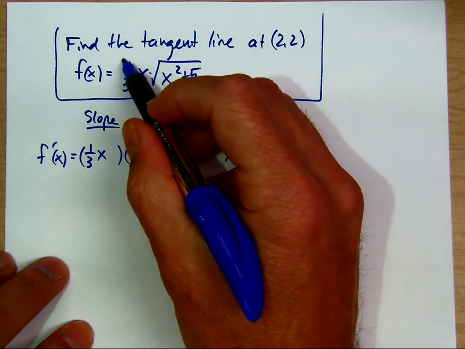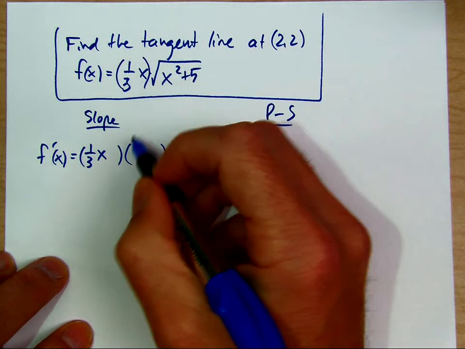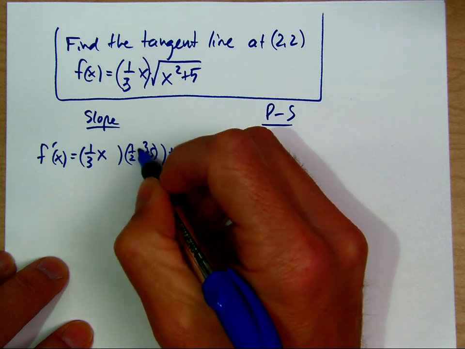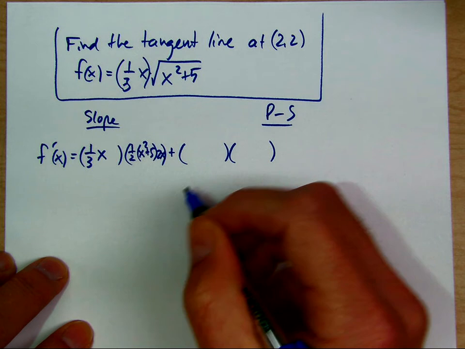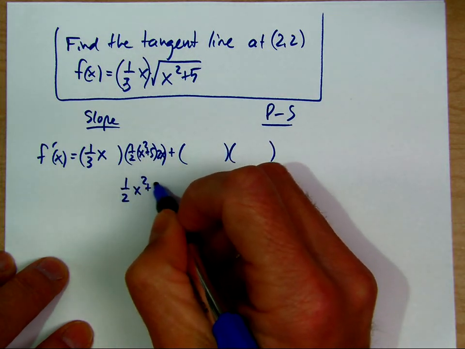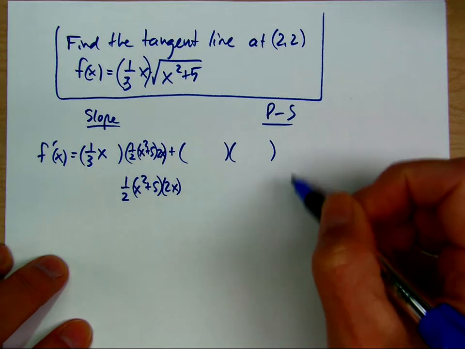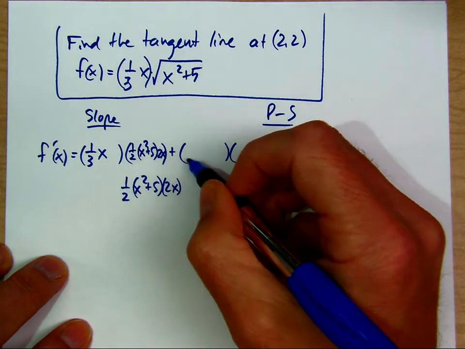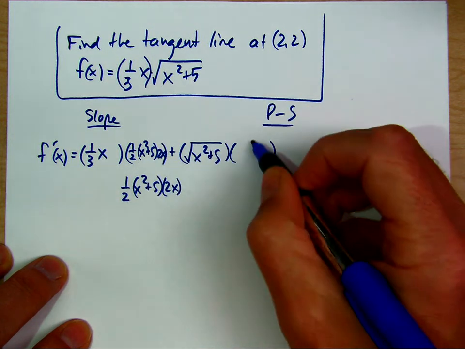We have the first factor and the second factor, and this is going to be 1/2 x squared plus 5 times the derivative of that, which is 2x. So that's 1/2 x squared plus 5 times 2x. So we had the first times the derivative of the second plus the second times the derivative of the first.